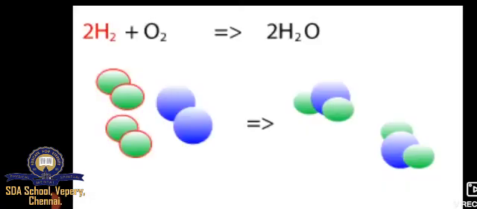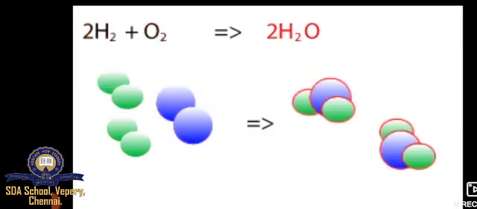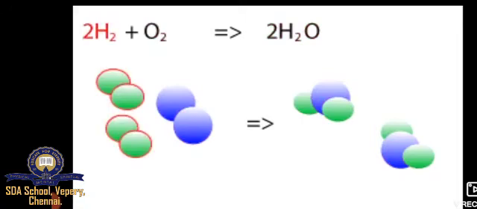See, here is the formula for how water was formed. First, the green color balls indicate two hydrogen atoms, and the violet color indicates an oxygen atom. These react and give out two water molecules.